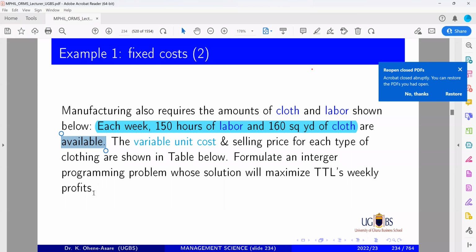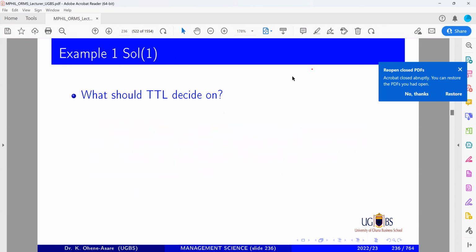First thing you have to do is to formulate the decision variables. Write your decision variables, and after that, you write your constraints. So, what are we deciding on? What are our decision variables? Who can tell me?